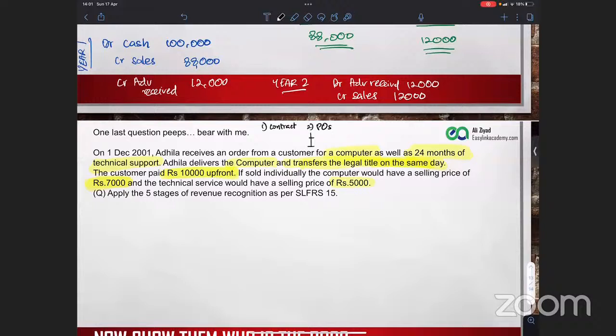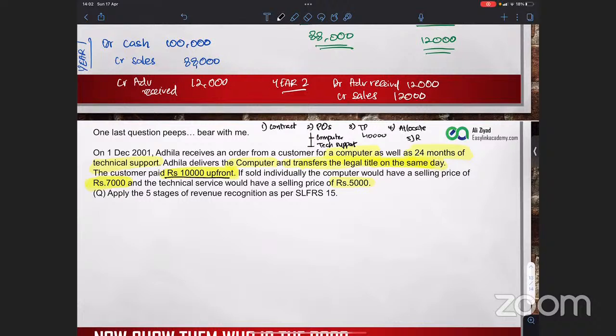Computer and technical support. Okay, third one. What is the transaction price? How much is customer paying? 10,000. Yes, 10,000. Fourth step is for us to allocate.